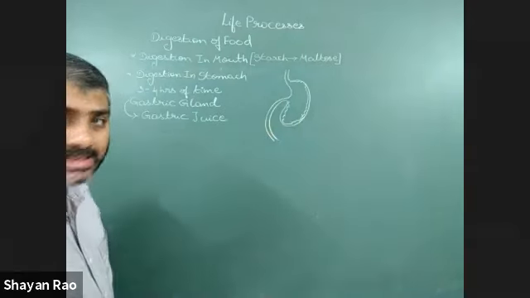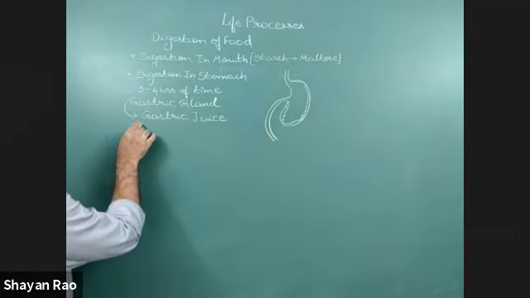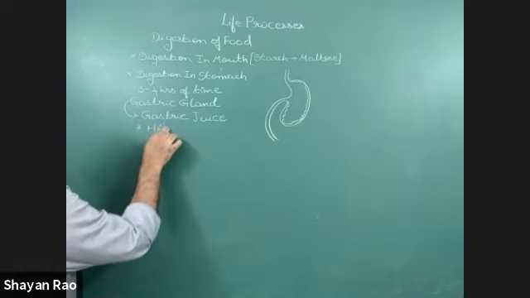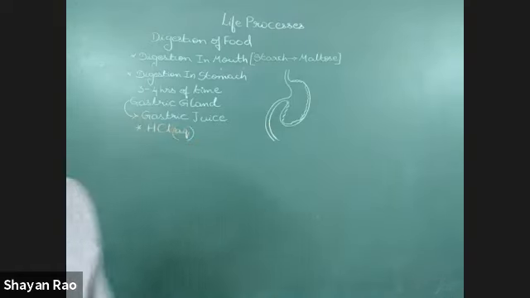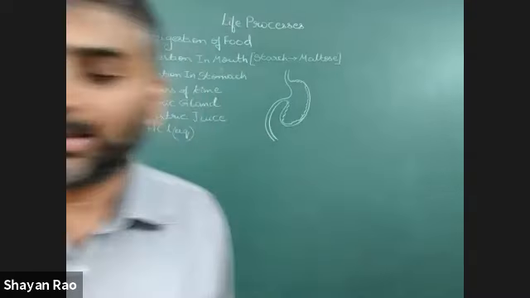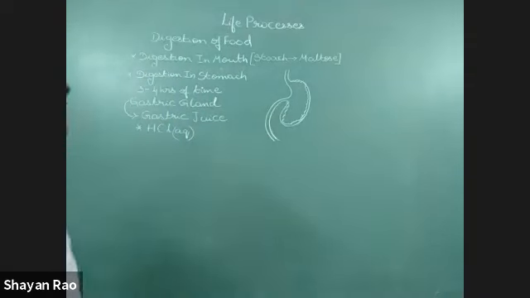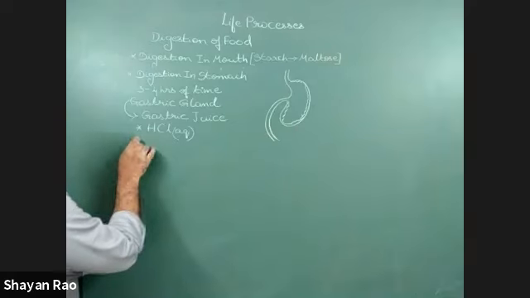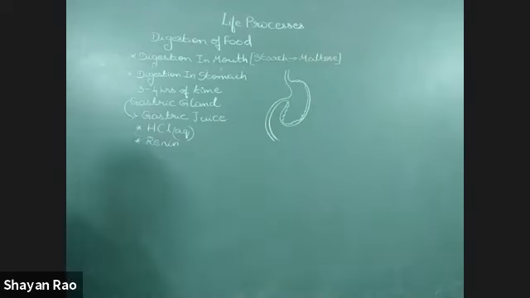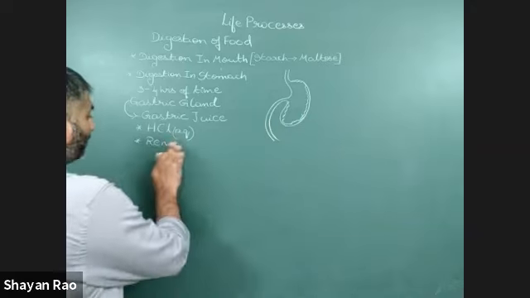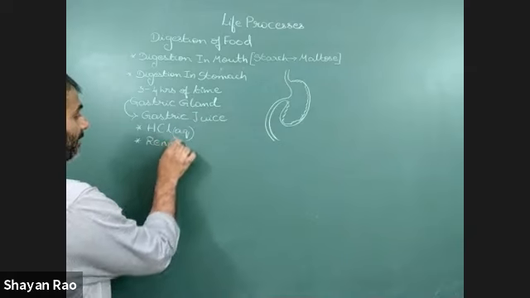Gastric juice is made up of mainly, first, hydrochloric acid. So we have HCl, hydrochloric acid is going to be present in it. Second thing, it has renin, R-E-N-N-I-N, renin.